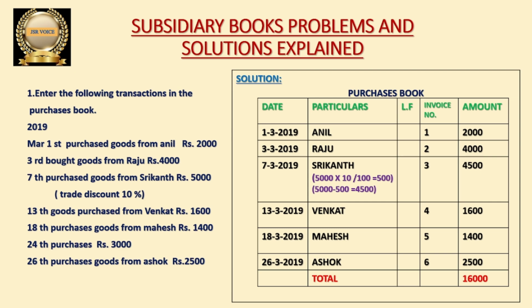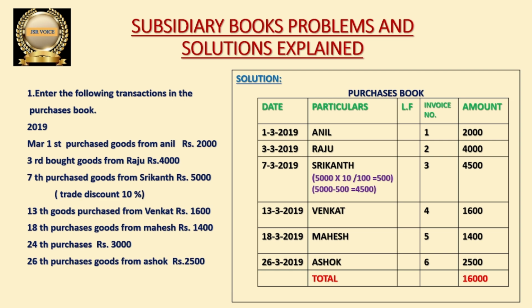So this March 1st transaction, purchased goods from Anil, is a credit purchase, so we can record it, and it should satisfy the remaining two conditions also. That is, it should be goods, not assets. So it is goods only, they are purchasing goods only, so we can write it. The name of the person also is given, that is Anil. So this first transaction is satisfying all the 3 points that I discussed just now.